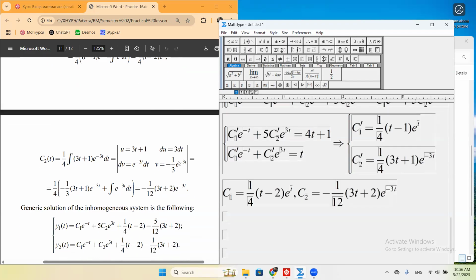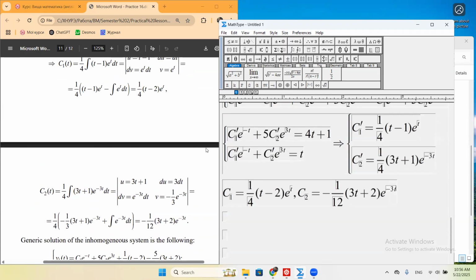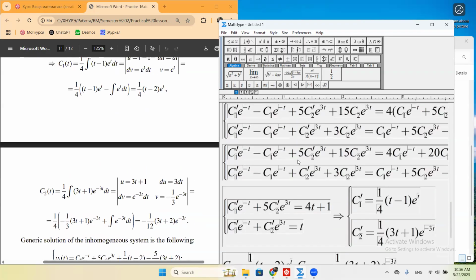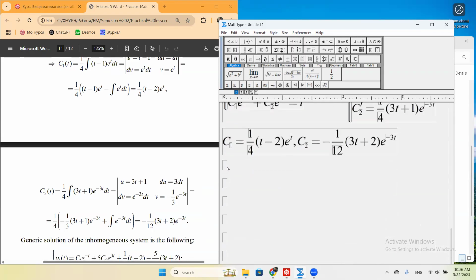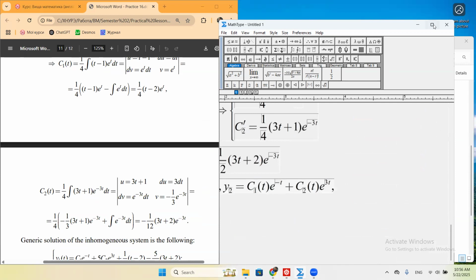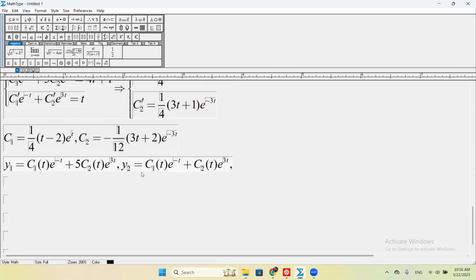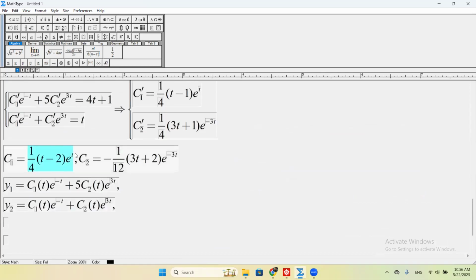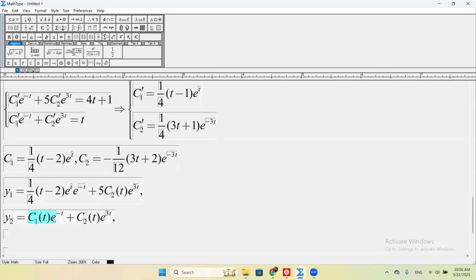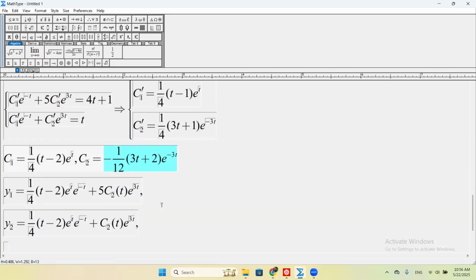So let's write down the partial solution, how it will look. So let me copy and paste it. So instead of C1, substitute this expression, and this expression instead of C2.